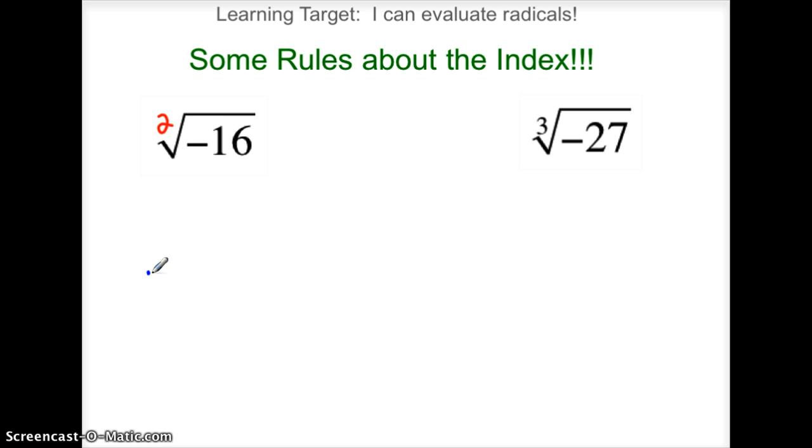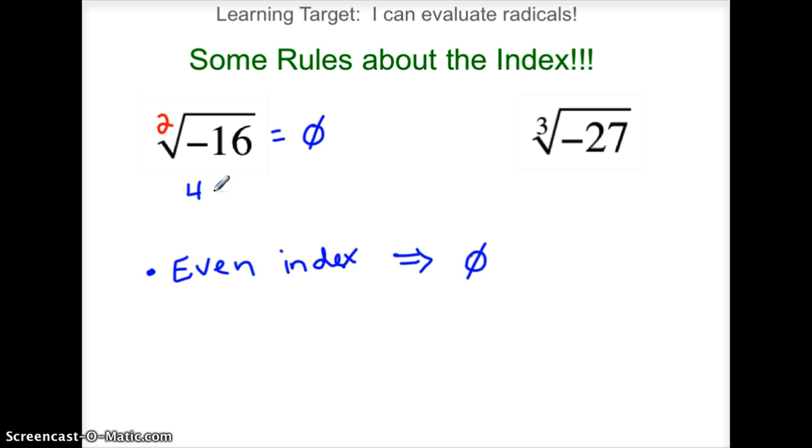If it's an even index, so like a square root has an index of 2, an even index means you can't do it. There's no solution. So the square root of negative 16, because that 2 is even and there's a negative under that radical house, I can't do it. There's no solution. Now, let me tell you why.